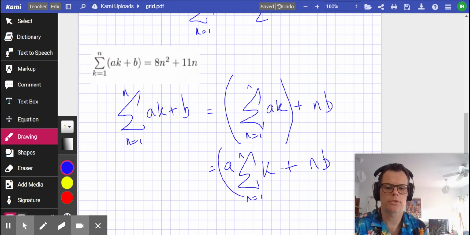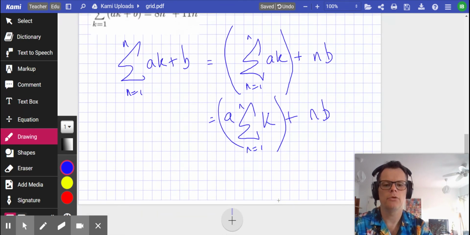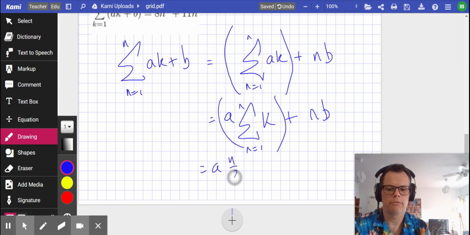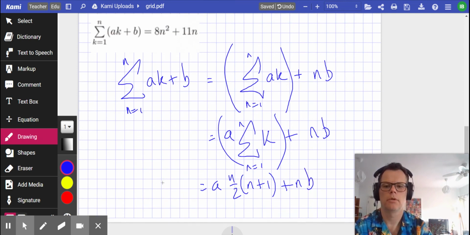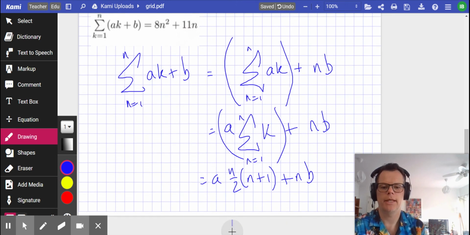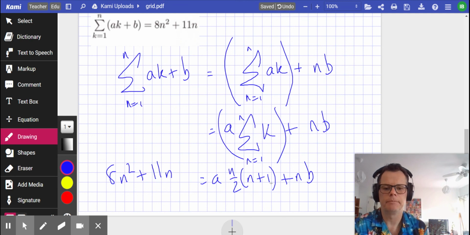So that's how you can separate that. And then you know that that term there is n over 2, n plus 1. So that's your algebra, and you're told that is equal to 8n squared plus 11n.